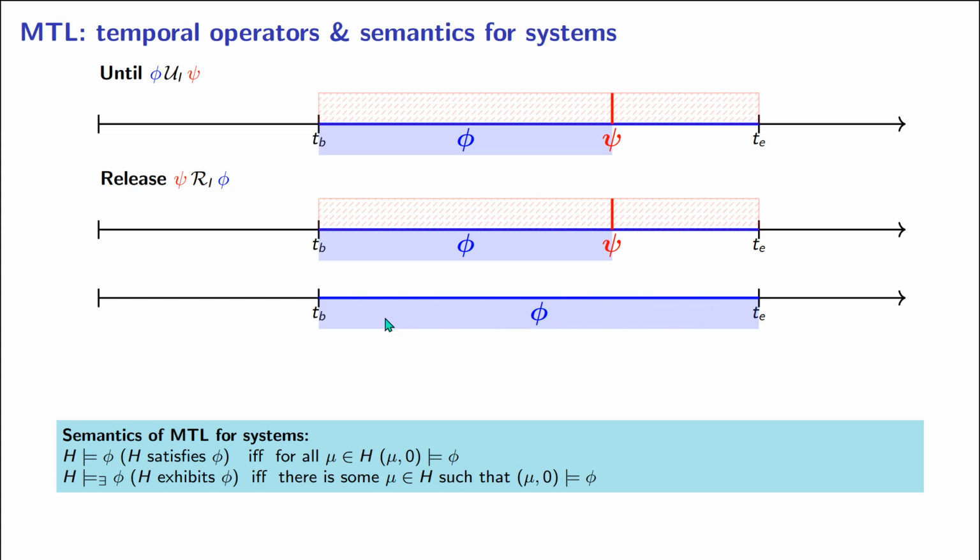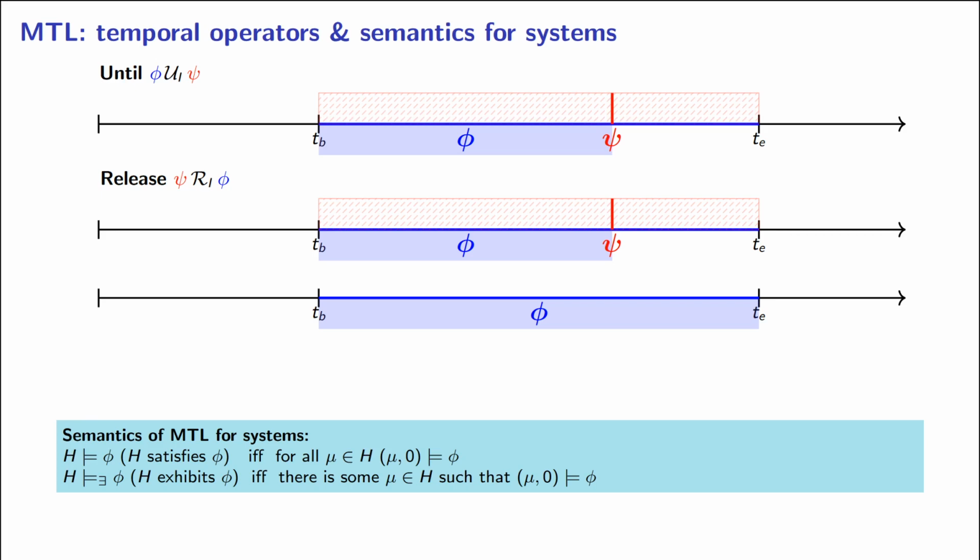Now, when it comes to semantics for non-deterministic systems, in linear time logics, the standard semantics for non-deterministic systems is that a system satisfies a formula if all its possible traces satisfy the formula. And this is basically our definition as well. But there is another possibility.